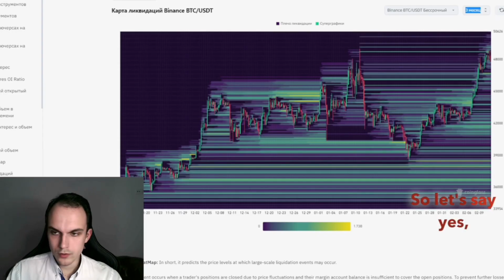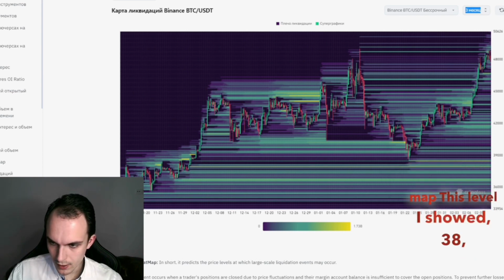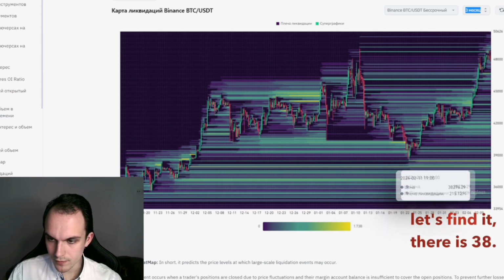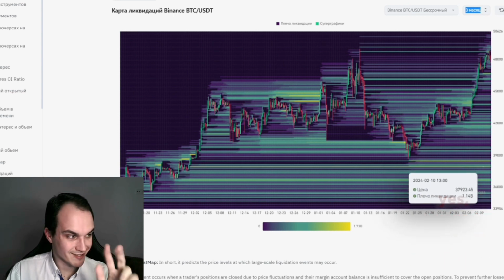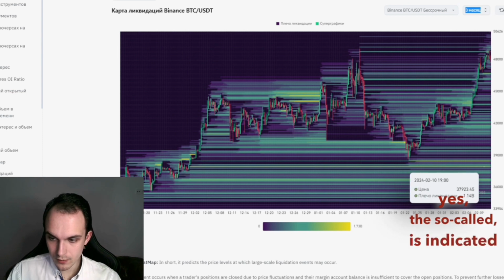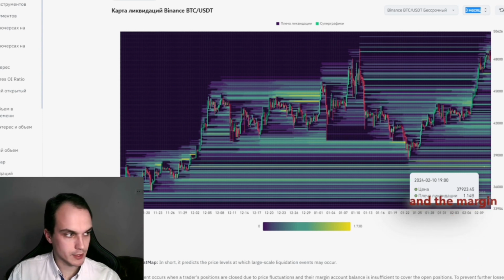Also, the levels can be seen on the liquidity map, on the heat map. This level I showed, 38, let's find it, there is 38. Do you see what it is here? The specific density here is indicated: orders for $1 billion, cumulatively, with leverage, and the margin itself.